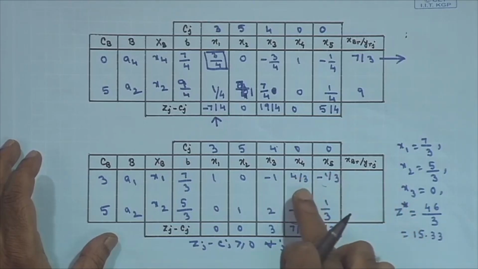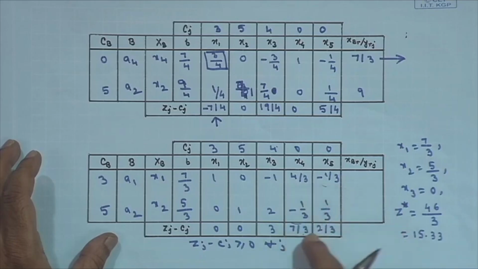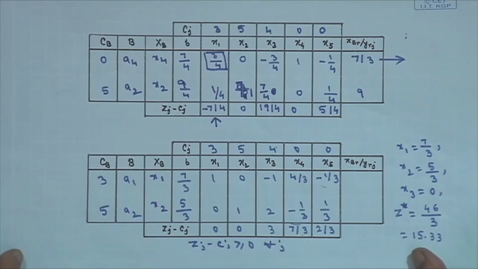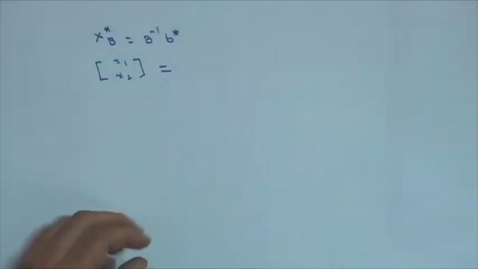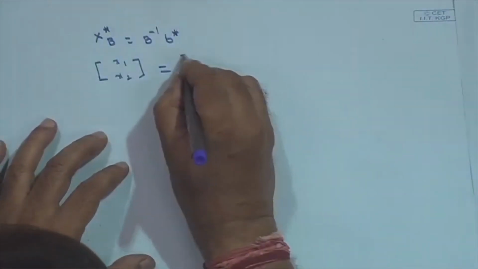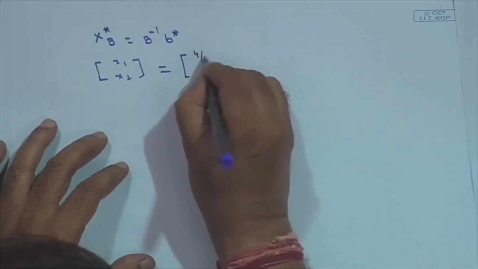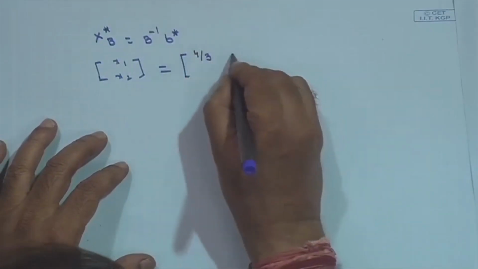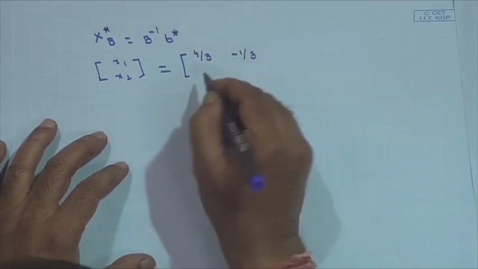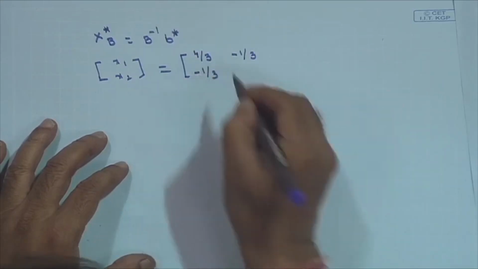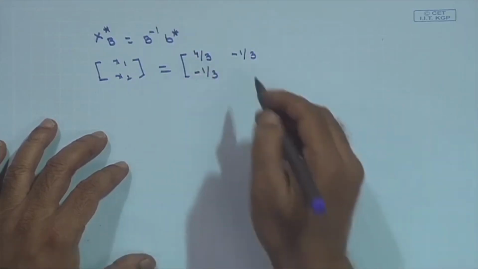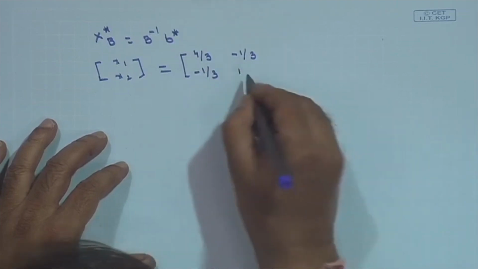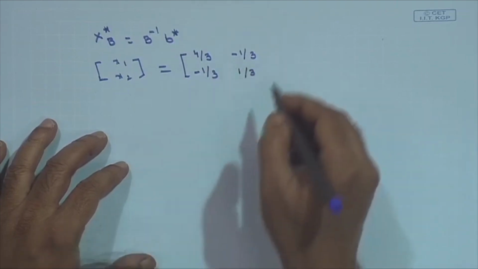This is your B inverse: 4 by 3, minus 1 by 3, minus 1 by 3, and the last one is 1 by 3.